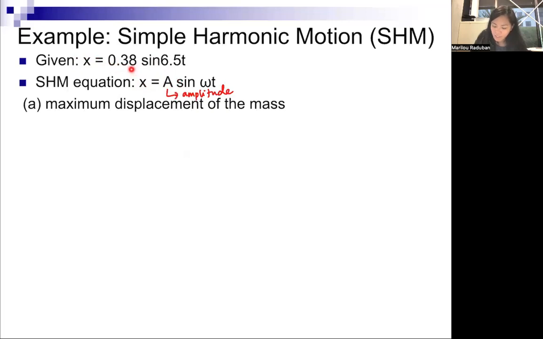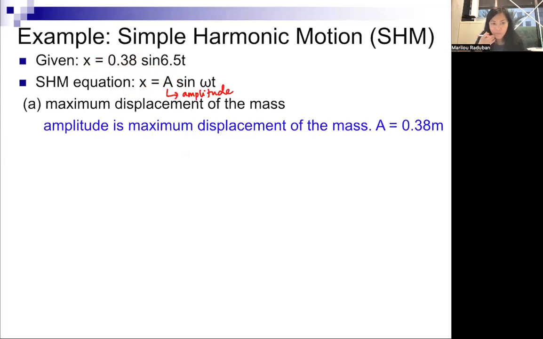Yep, good. It's really just comparing the equation for simple harmonic motion and what you're given. So any number that comes before the sine or the cosine function will give you the amplitude. So the amplitude or the maximum displacement is 0.38 meters. Okay, and then what is the angular frequency of the motion?